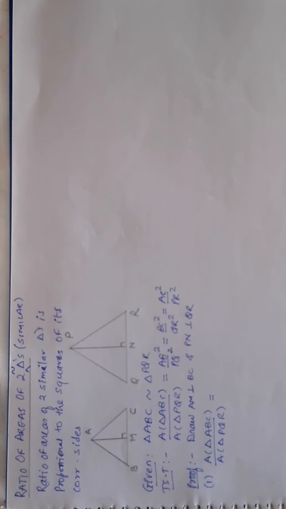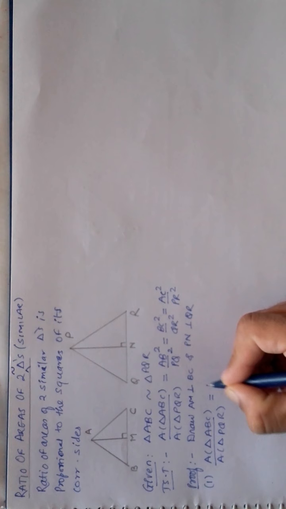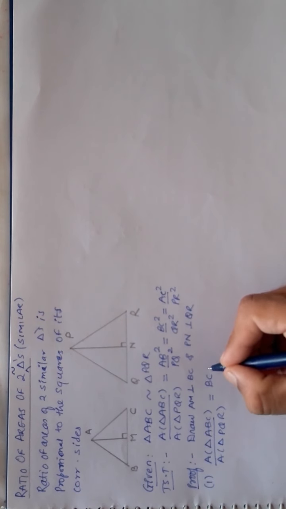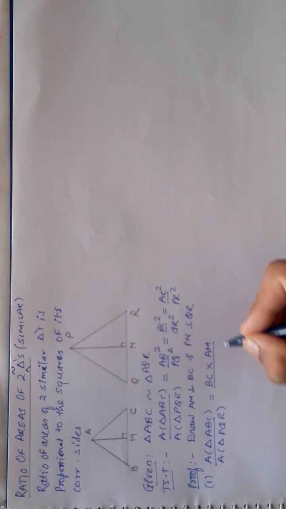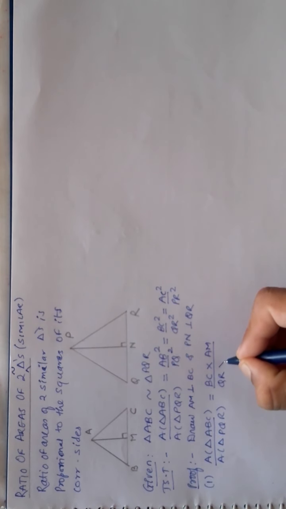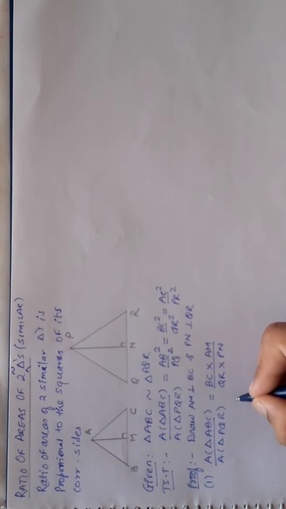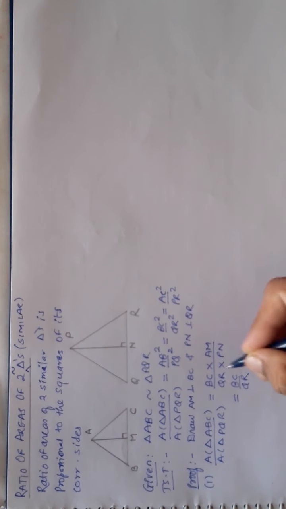The base is BC of triangle number 1 and height AM. The base is QR of triangle number 2 and height PN. This can be rewritten as BC is to QR into AM is to PN, right?